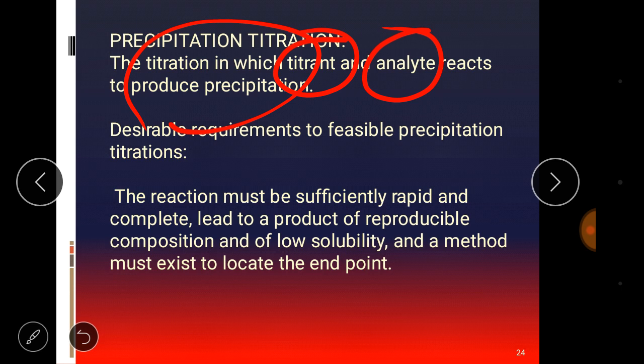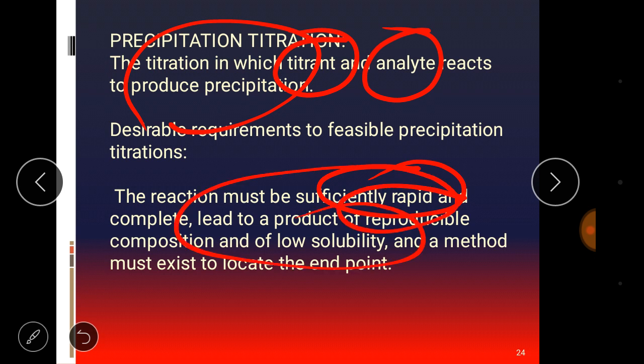The reaction must be sufficiently rapid, and it should produce a product of reproducible composition with low solubility. That means the reaction should produce a product that has low solubility and precipitates. And for those reactions a method must exist to locate the endpoint.